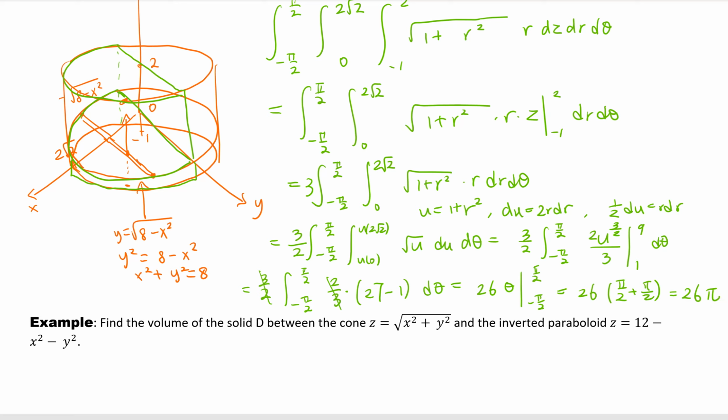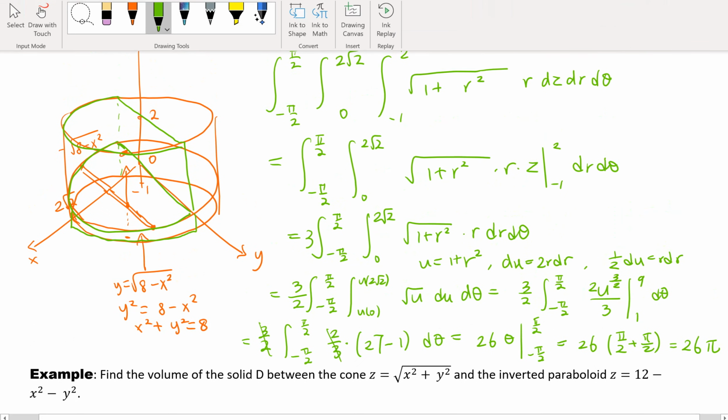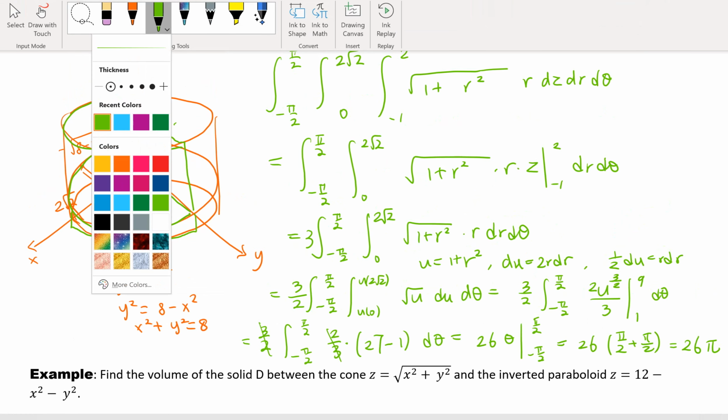Okay. And we can also check our answer. This is a half cylinder, right? And you know what the answer is. So the volume of a cylinder is area of base times height.